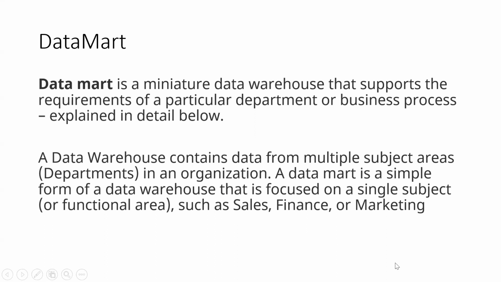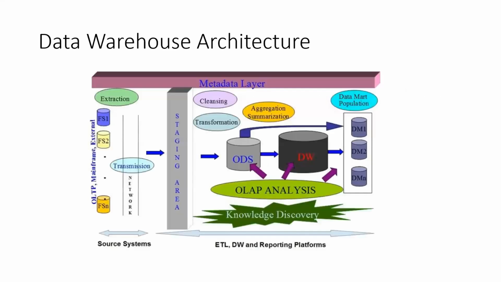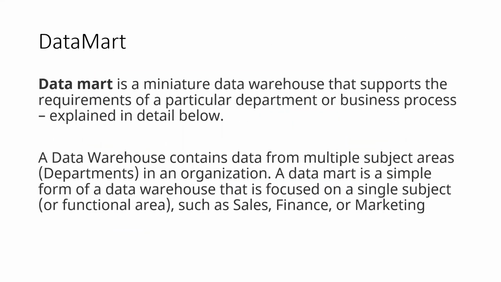For each particular subject area or functional area, we can store the data in a data mart. It should focus only on a single subject area. A data warehouse can cover multiple subject areas, but not banking with an insurance company, like that. It should be only one subject area, and data marts should be split by functional area.